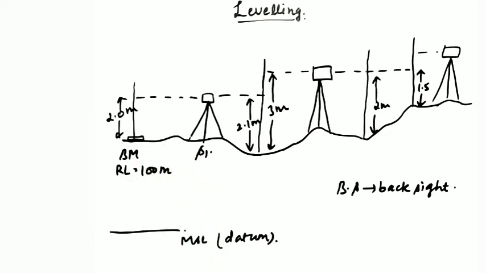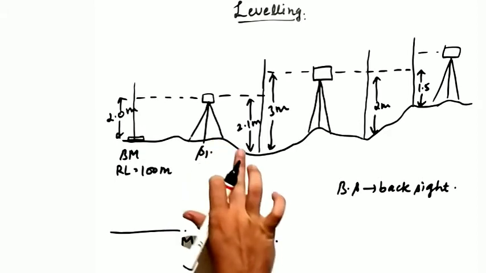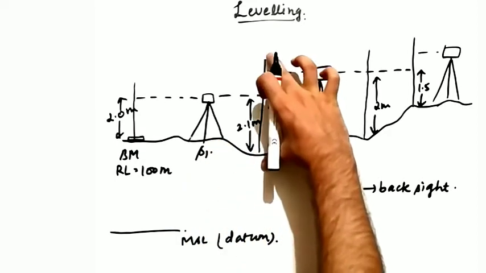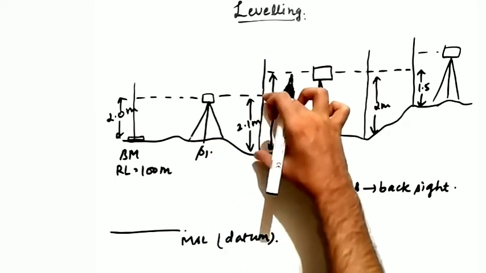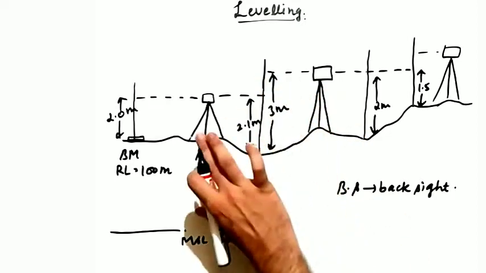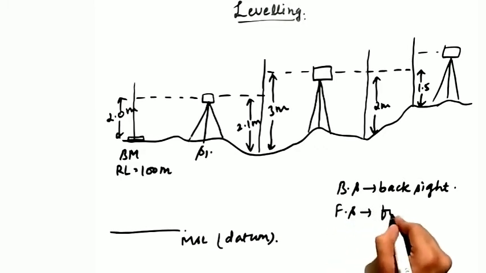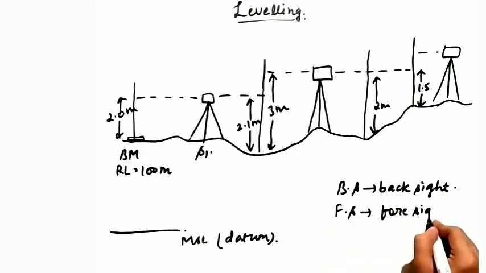So this will be the first reading. Now I took the reading of the staff from this point. Now it read 2.1 meters. Since it is the last reading of this auto level, it is called FS. FS means foresight. Foresight is the last reading before I change my station.